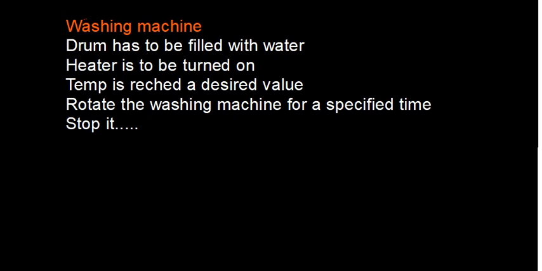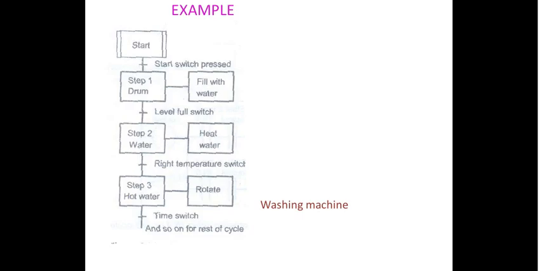Again, needless to mention how your start block appears different from your other conventional action blocks, right? I have already told you that. Now look at the first transition which is taking place there, that is, the start switch is pressed. The first transition is that the start switch is pressed, right?